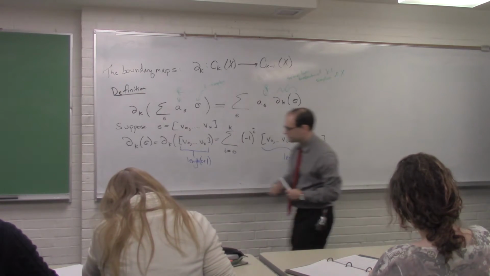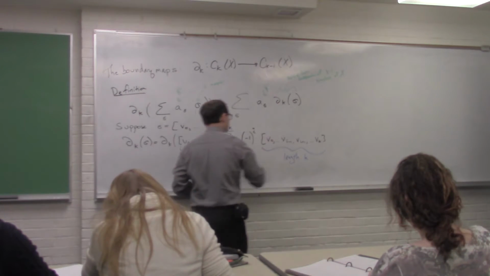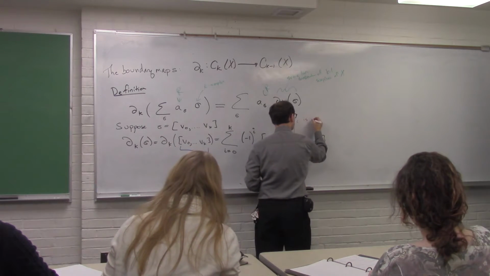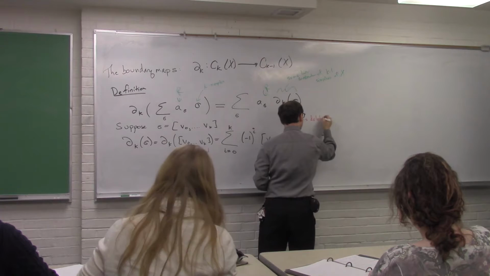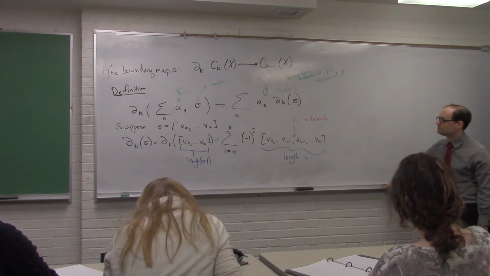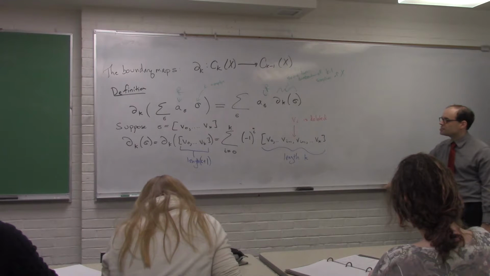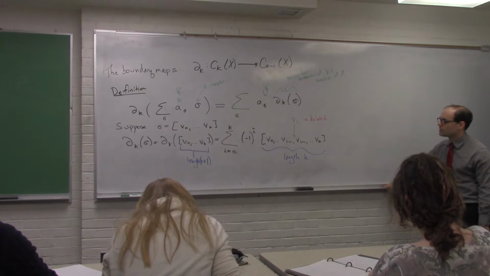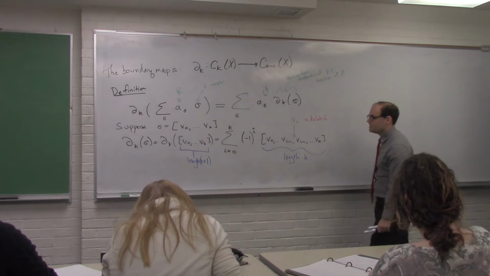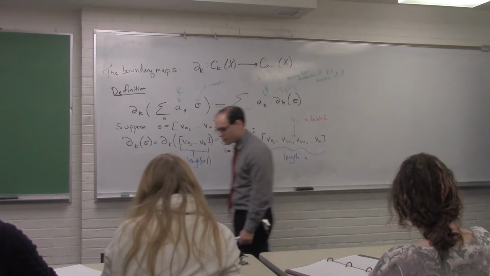Put another way, the i is deleted from my list. And depending on which vertex I deleted, the parity of it, even versus odd, I either counted it in with a minus 1 or a plus 1.